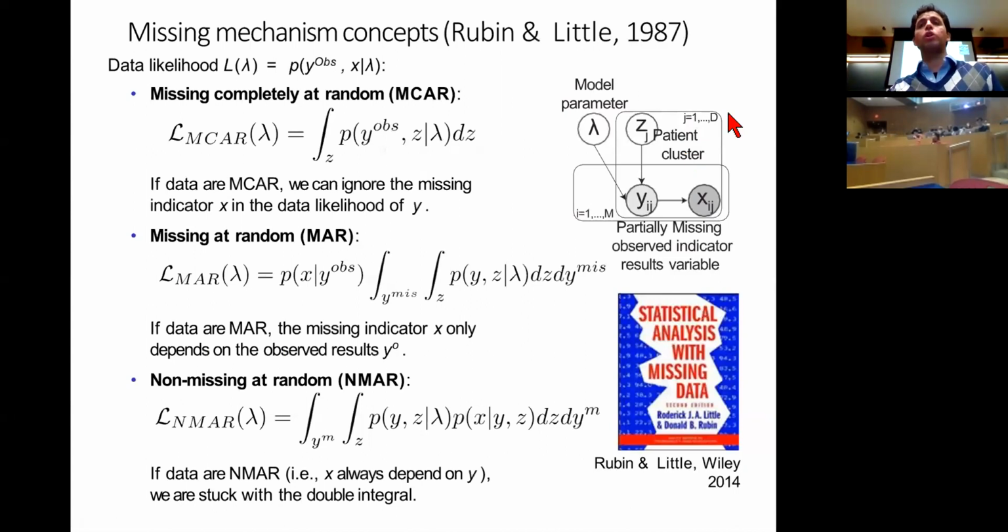So I can start clustering the patients. And then within that cluster, I can say, well, the probability with which the variable is missing is in fact highly dependent on the cluster membership.